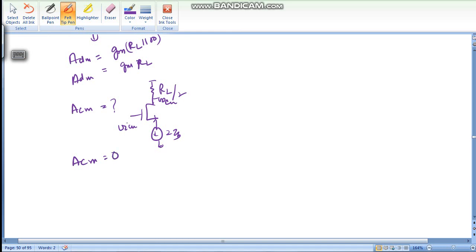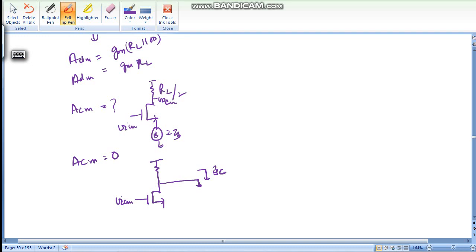The reason is that first we try to find out its GM. How to find out its GM? We will short the output and find ISC. So this is our input, and now this is the DC bias current.